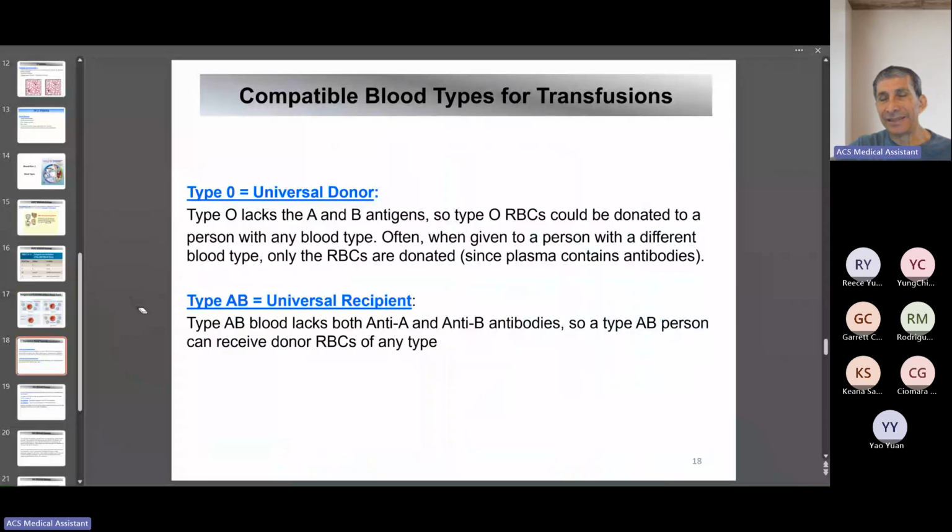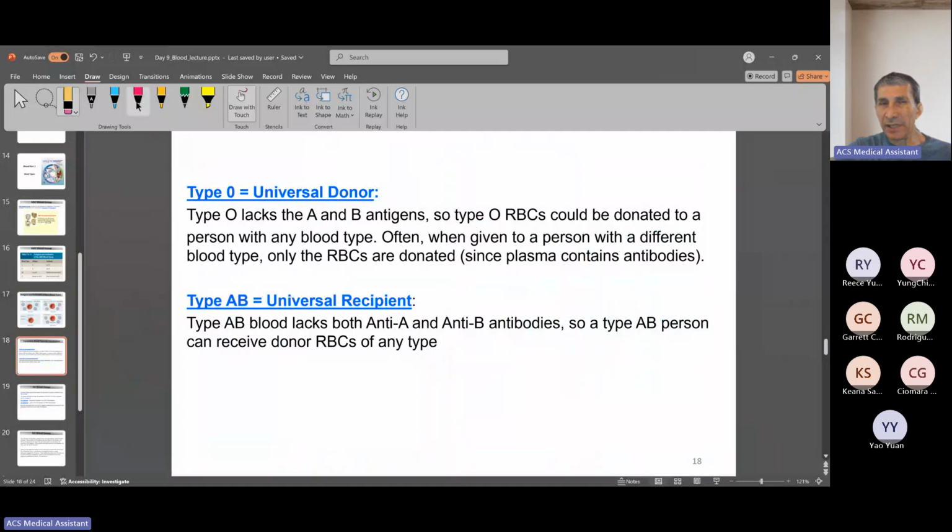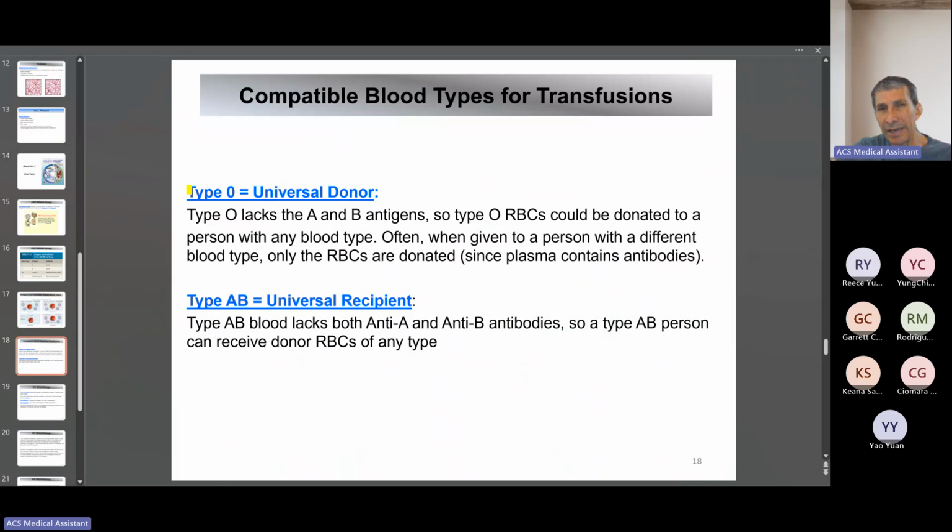Let's look at this because these are the questions for exam. These will be 70% chances that you have it in your exam. Type O, remember, type O is known as the universal donor. O means O type.